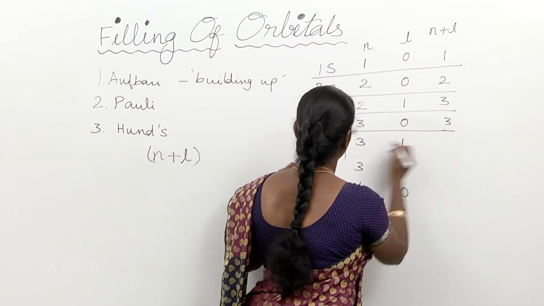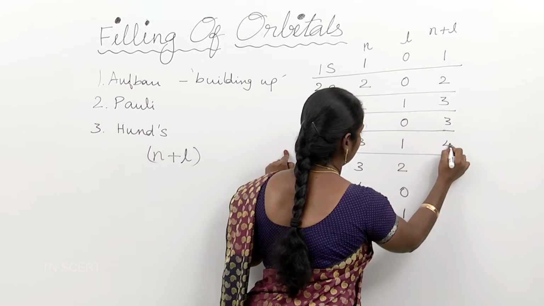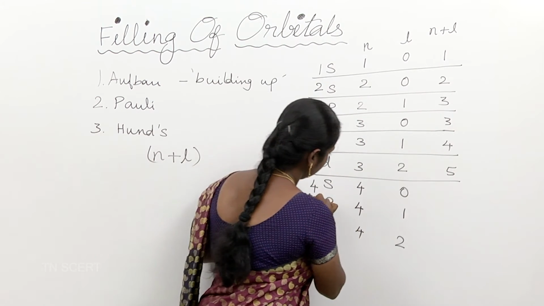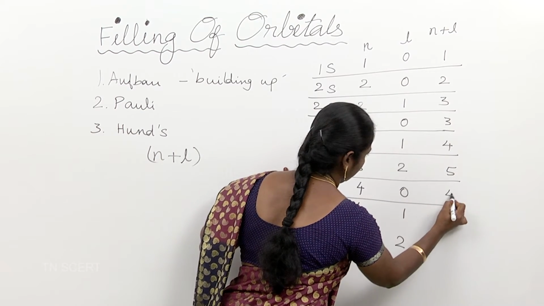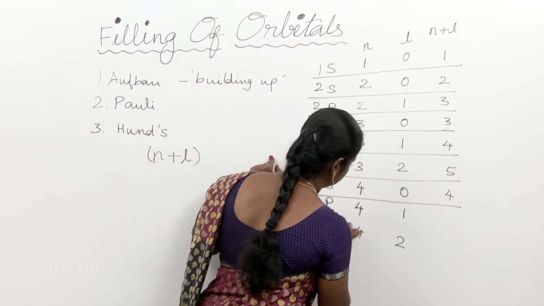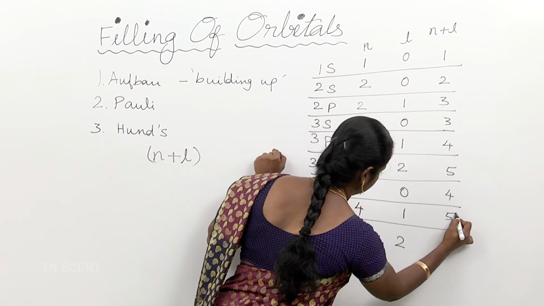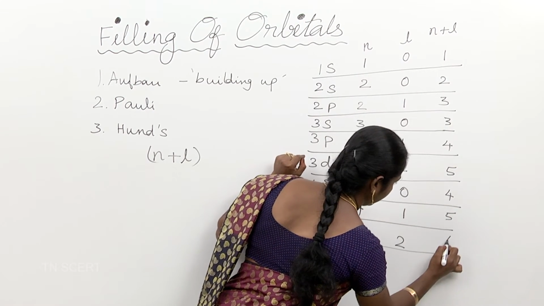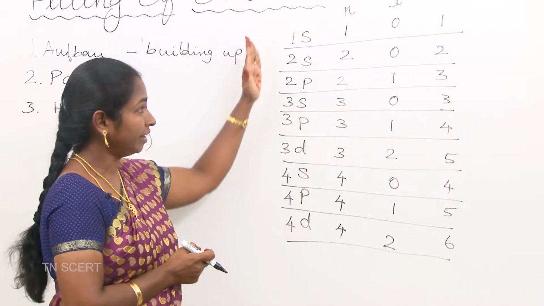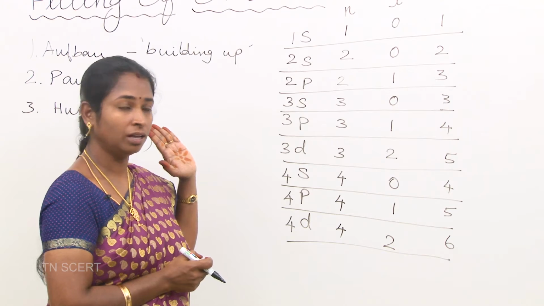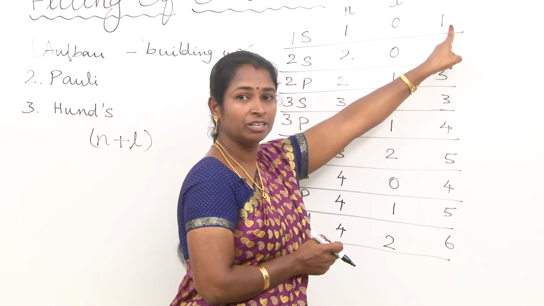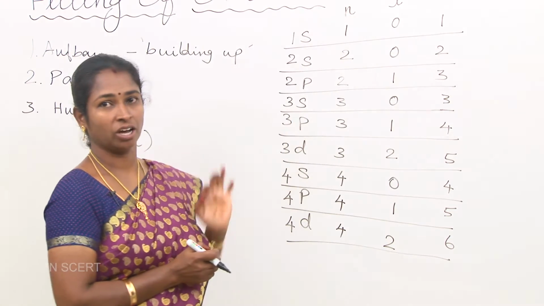Again 3, 4, 5. For 4s orbital, n plus l is 4 again. Then 5 and 6. So, I already told you, according to this n plus l rule, the orbital with lower n plus l value is the lower energy orbital.